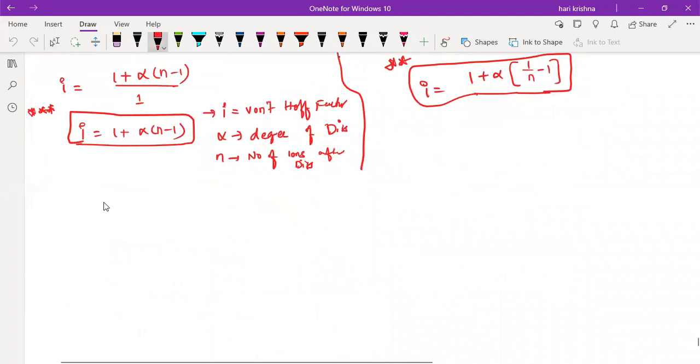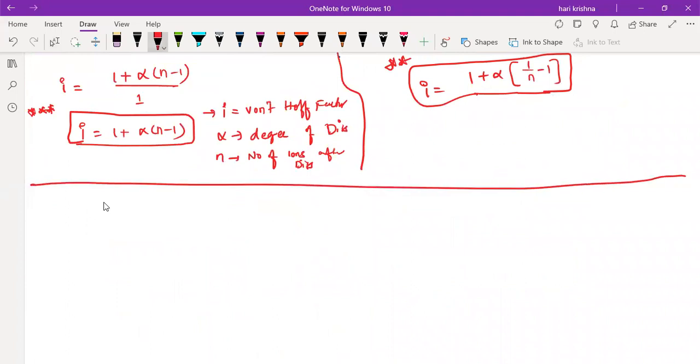We'll do some more sums on this afterwards. But we have studied association and dissociation, right? So we'll study some more important formulas on that. The van't Hoff factor and its significance.